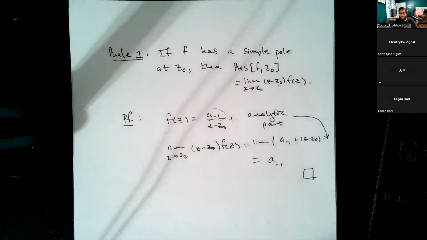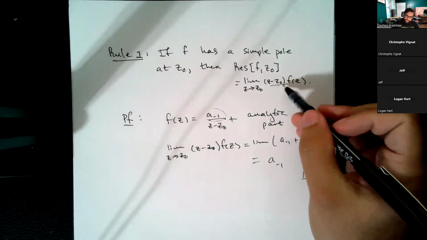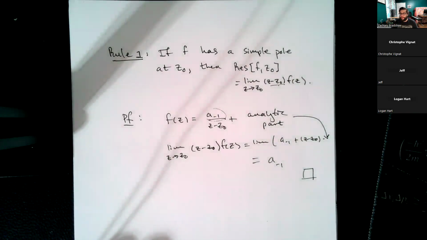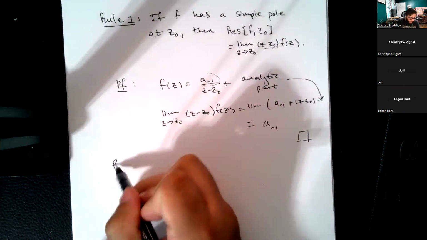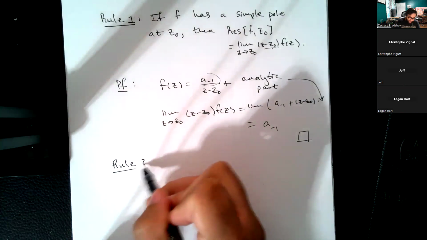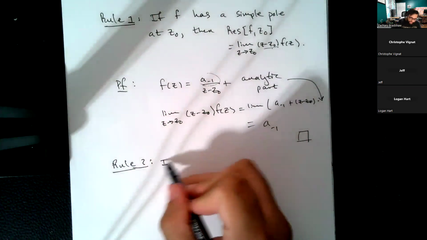Okay, so if you know you have a simple pole, multiply by this Z minus Z naught, and then take the limit. This extends to double poles with the introduction of a derivative.